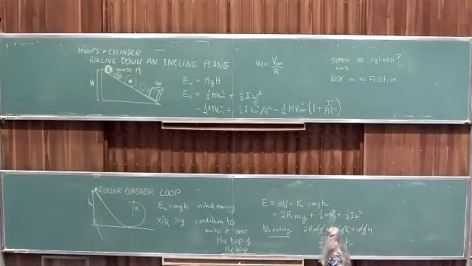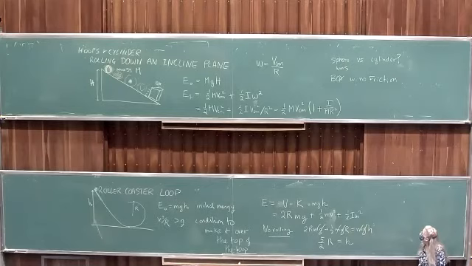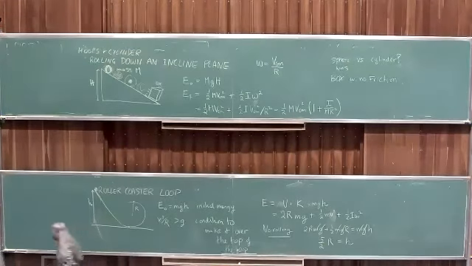So no rolling solution, 5/2. Okay, good. So let's take that up, and now we'll do the example where we've got something rolling.